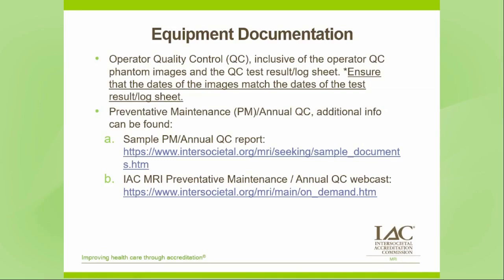Now, more information regarding the PMs and annual QC surveys may be found on the IAC MRI websites indicated here. I strongly recommend sending the sample PM report and the brief, I think it's about 17 minutes long, webcast that's dedicated to the PMs and annual QC physics surveys to your engineer or your site medical physicist prior to their next visit so that you can ensure that the required assessments are included in the PM or annual QC physics survey reports.